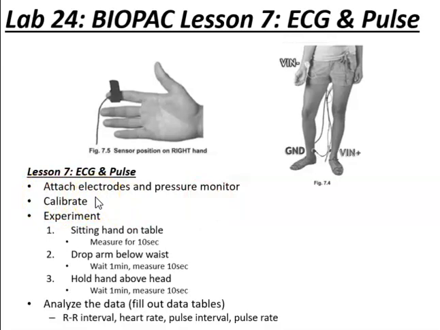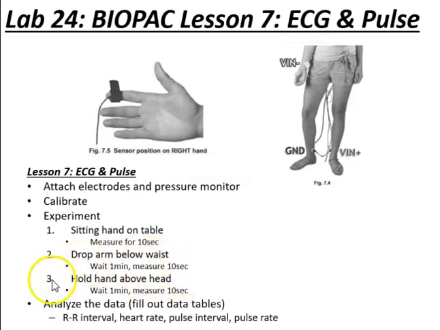So the experiment involves having a volunteer sitting with their hand on the table about the level of the heart. And then we would measure for 10 seconds. The second situation involves the volunteer dropping their arm below the waist, waiting for about 1 minute, and then measuring for 10 seconds again.